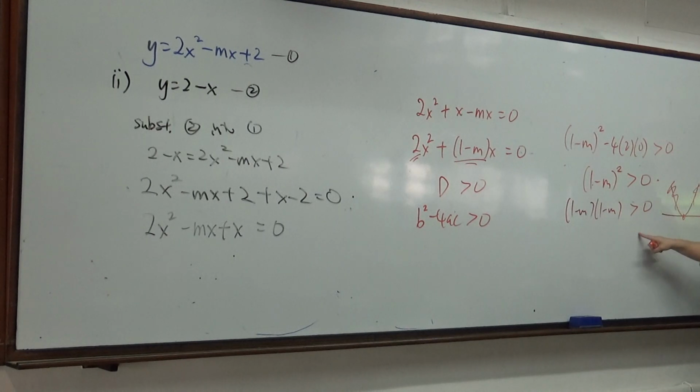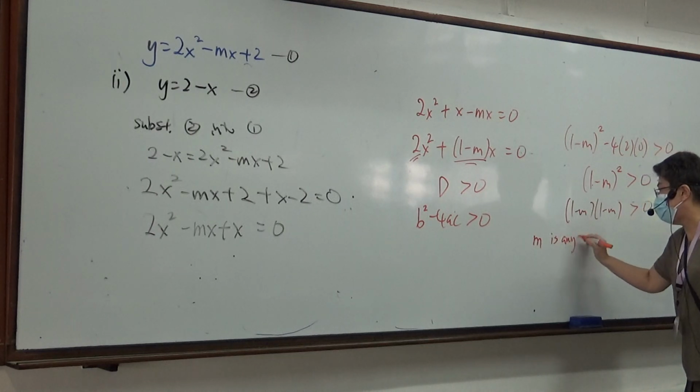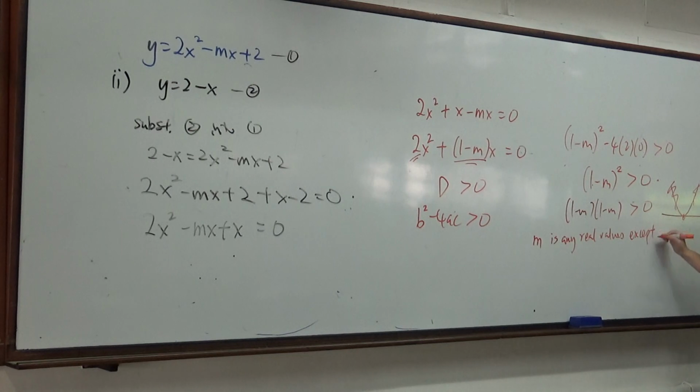This is bigger than 0. Am I right to say that? Yes or no? So, how do we conclude? m is any real value except what? Except 1. Correct? Yes or no? 2 distinct points, yes.